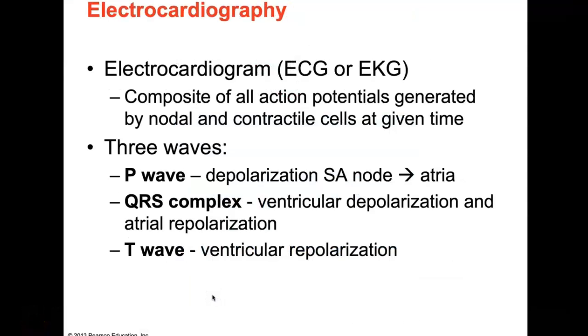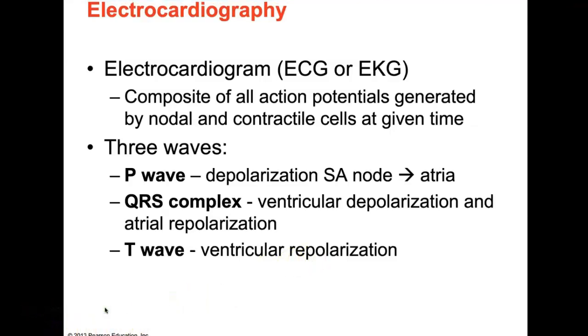So the electrical current generated in and transmitted through the heart spreads throughout the body and can be detected with a device that a lot of you know of as the electrocardiograph, the ECG or the EKG, which is a graphic record of heart activity. An ECG is a composite of all action potentials generated by nodal and contractile cells at a given time.